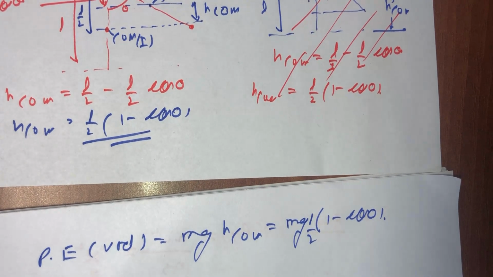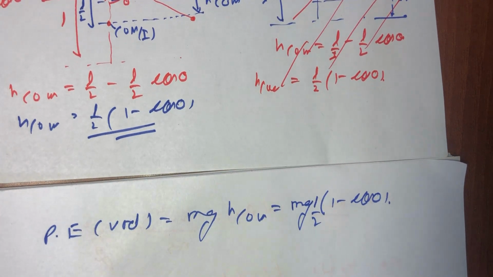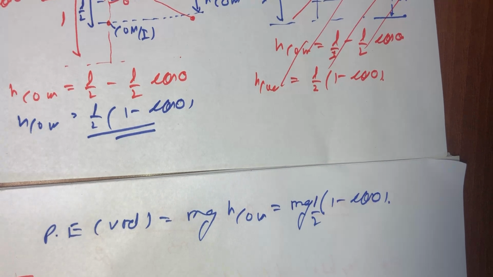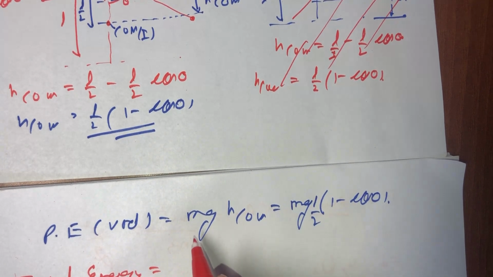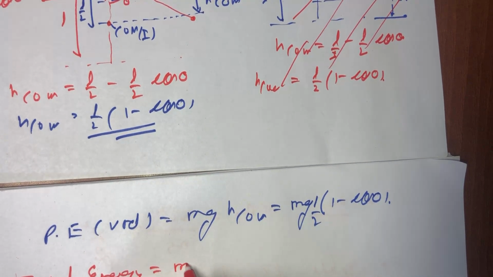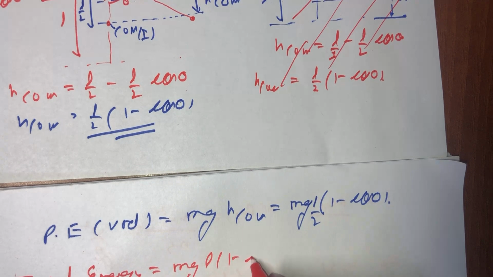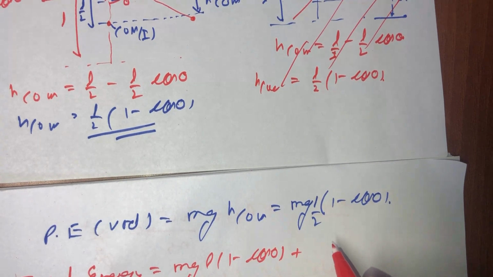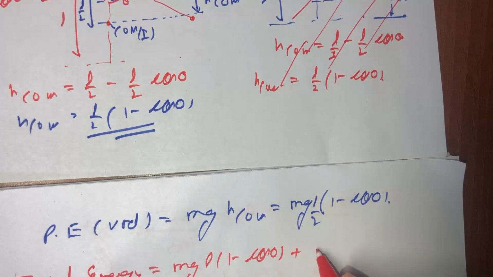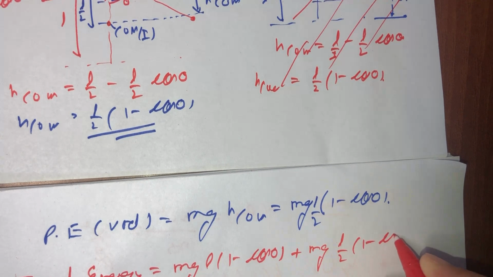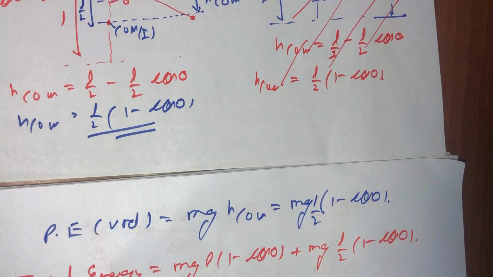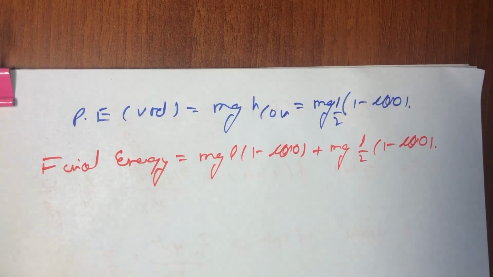Therefore, the final energy is equal to the potential energy of the mass m, that is mgL 1 minus cos of theta, plus the potential energy for the rod, which is mg L by 2 1 minus cos of theta.